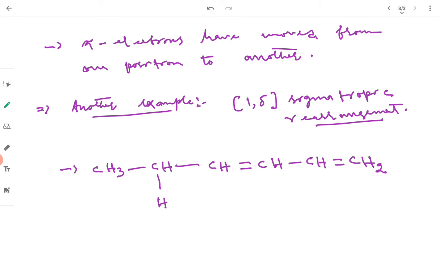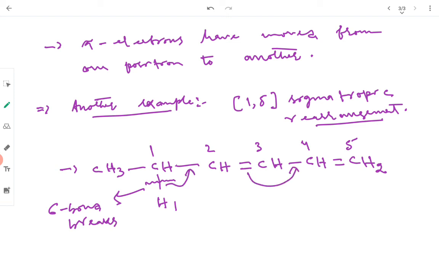So this is the sigma bond which will break. We'll number it like this: 1, 1, 2, 3, 4, 5. So what will happen, this sigma bond will break. When it breaks, it goes here, this will go here, and what comes here will be this hydrogen.